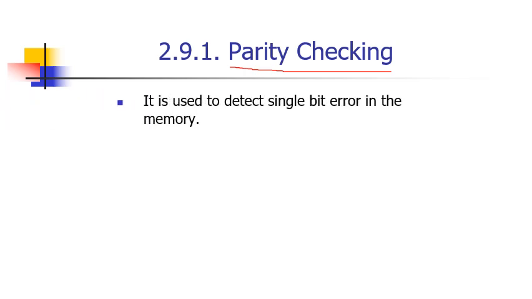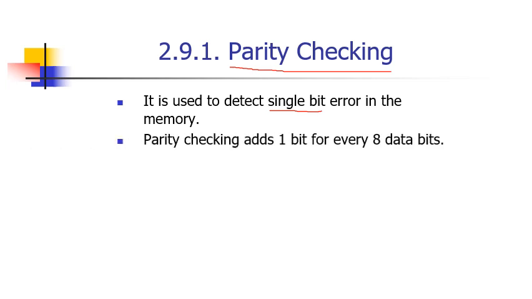The first error detecting technique is the parity check. And usually it is used to check a single bit error. If an error occurs in a single bit, the data is incorrect and you have to ask the sender to resend the data once more. What this parity check does is this.